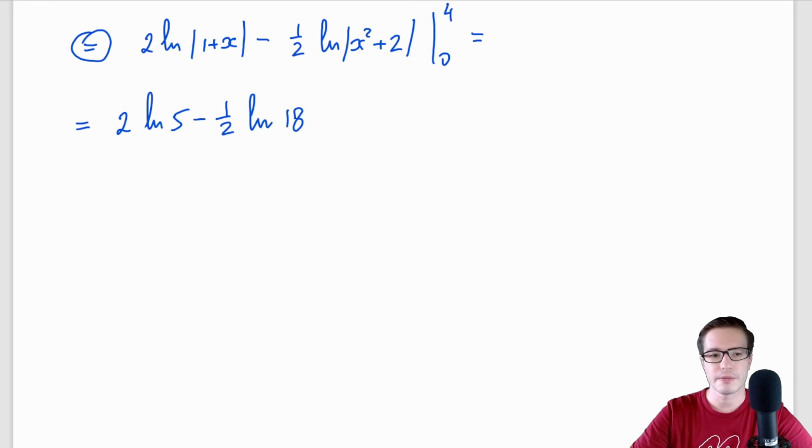Now substitute 0 and take it with a negative sign. Now log 1 is 0. A minus in those brackets will give us a plus.